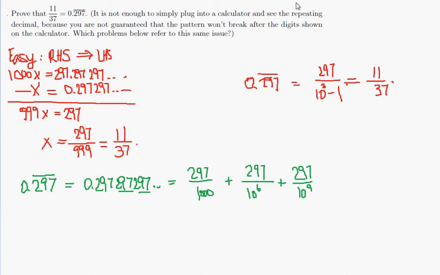So just to write the numbers on top, this part here is 0.297. This part is 0.000297. This part is 0.000000297. And if we continue along this way and then add these decimals up, we would get the infinite representation here.